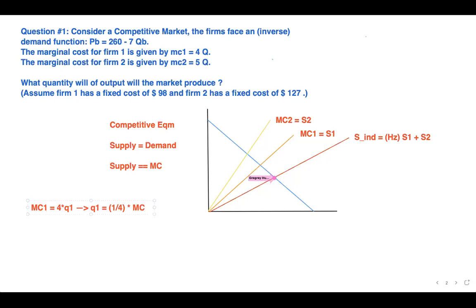And I could put MC1, but because we're treating them as the same joint marginal cost function, we can be kind of imprecise here. This is the applied math part where we're switching variable names to suit our purpose.